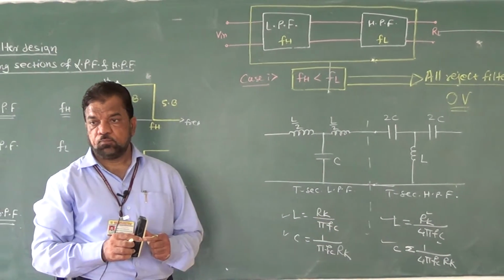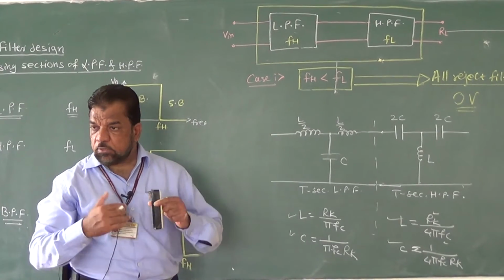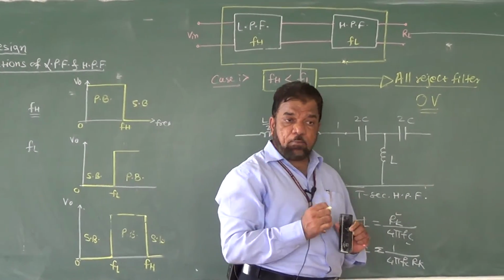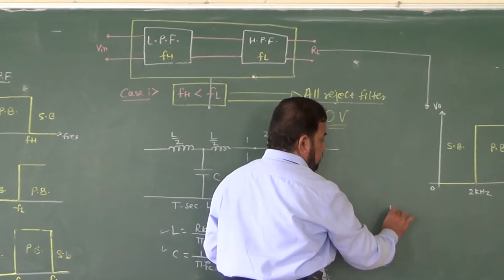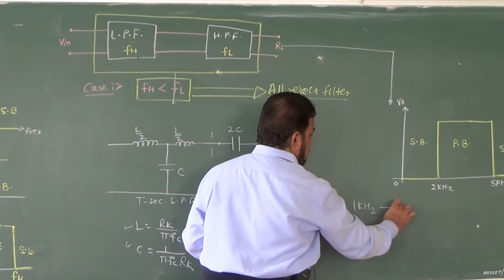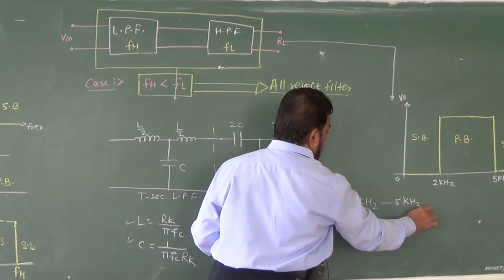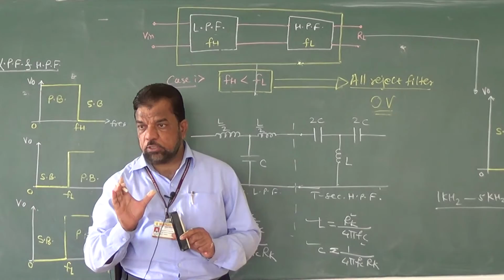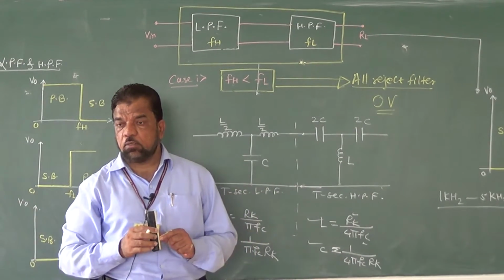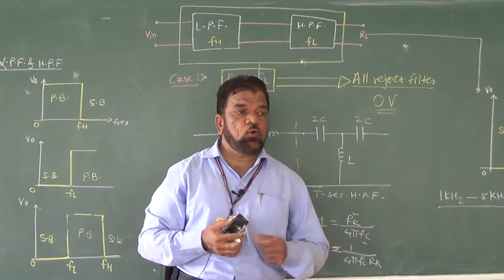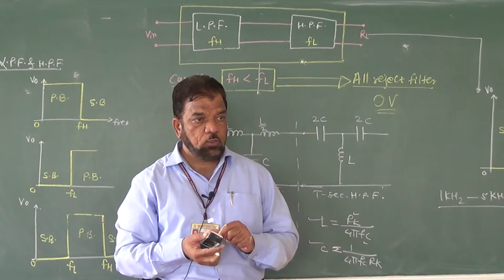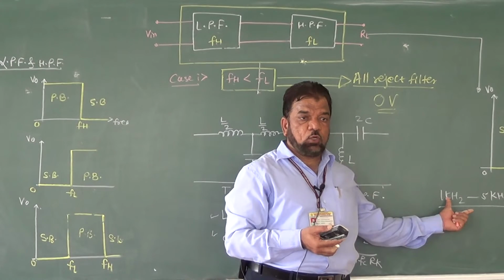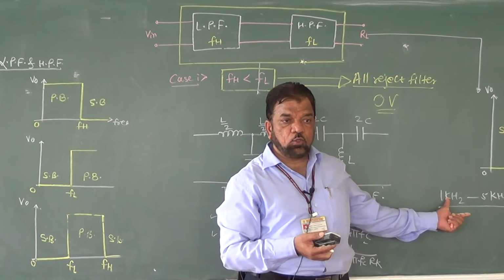Okay, that means if the problem statement is construct a band pass filter with band pass frequencies between 1 kHz to 5 kHz. If I want to design a band pass filter using the sections of low pass and high pass filter for a pass band frequencies between 1 kHz to 5 kHz, how to do?